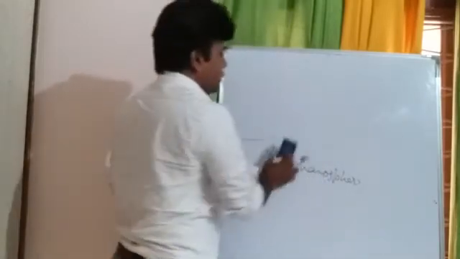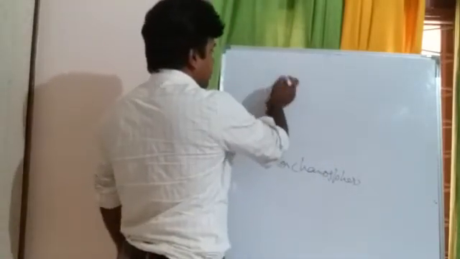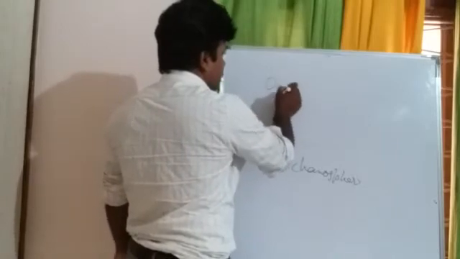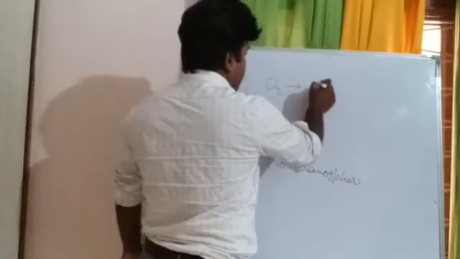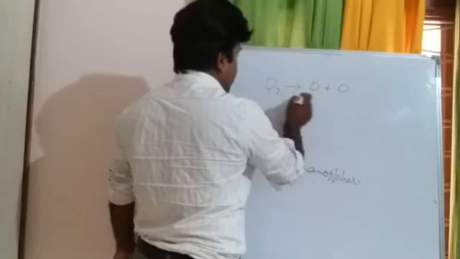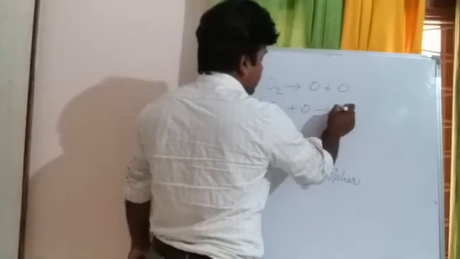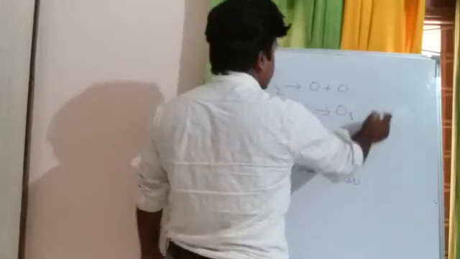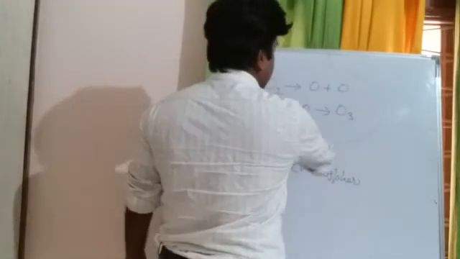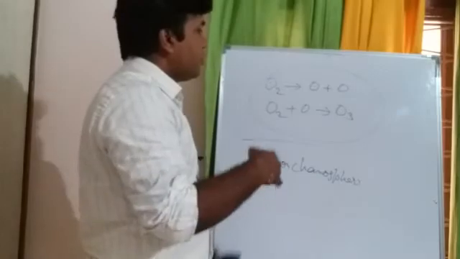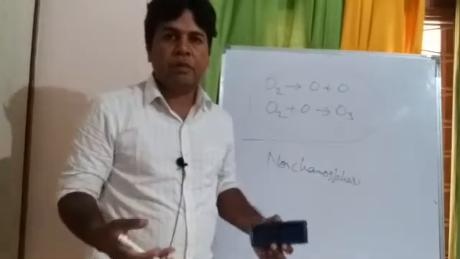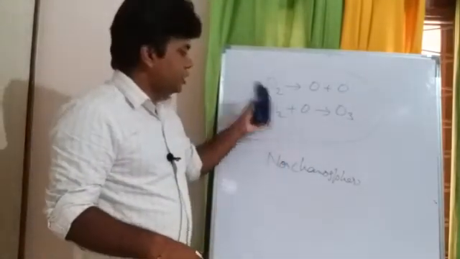Because of solar energy, O2 gets split into O plus O, and then another O2 combines with this O, leading to the formation of O3. So in this part of the atmosphere, because of solar energy, a lot of chemical reactions keep on taking place. That's why it is known as the chemosphere.